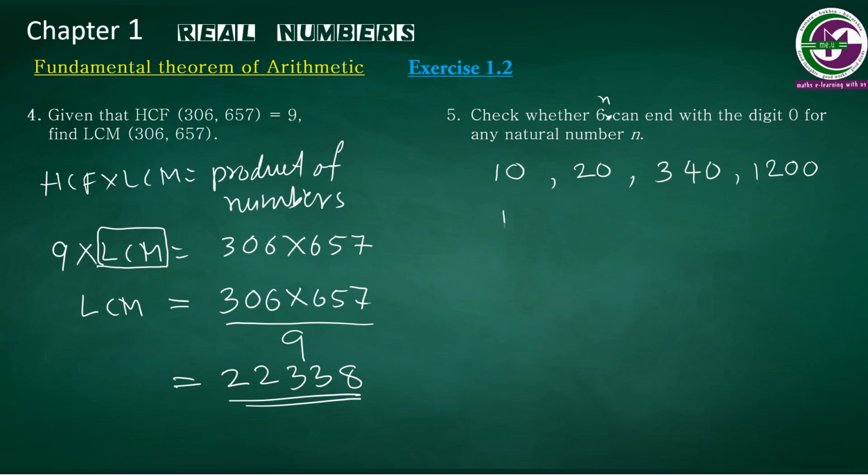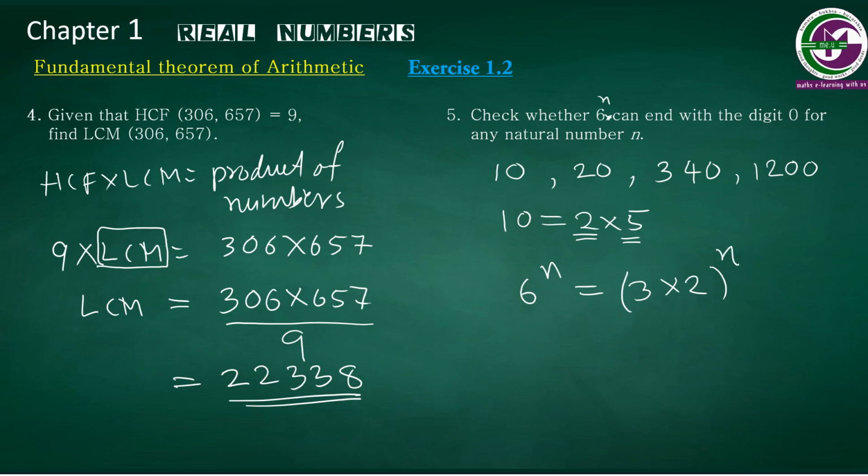If 10 is a factor of that number, 10 can be written as 2 times 5. That means 2 and 5 must be factors of that number. So we'll check whether 2 and 5 are factors of 6 raised to n. Now 6 to the power n: 6 can be written as 3 times 2, right? So in class 9 you have studied laws of exponents. So 6 raised to n can be written as (3 times 2) raised to n.